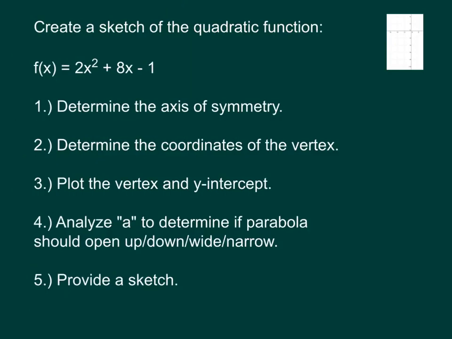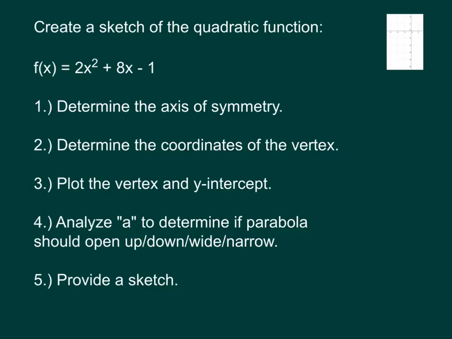Okay, so sometimes we don't necessarily need a really good graph. We're just okay with a decent sketch. And so one way we can do that is we can look at the equation and figure out a few key points. So first of all, we know f of x is 2x squared plus 8x minus 1. That's our problem here. First, we want to determine the axis of symmetry.